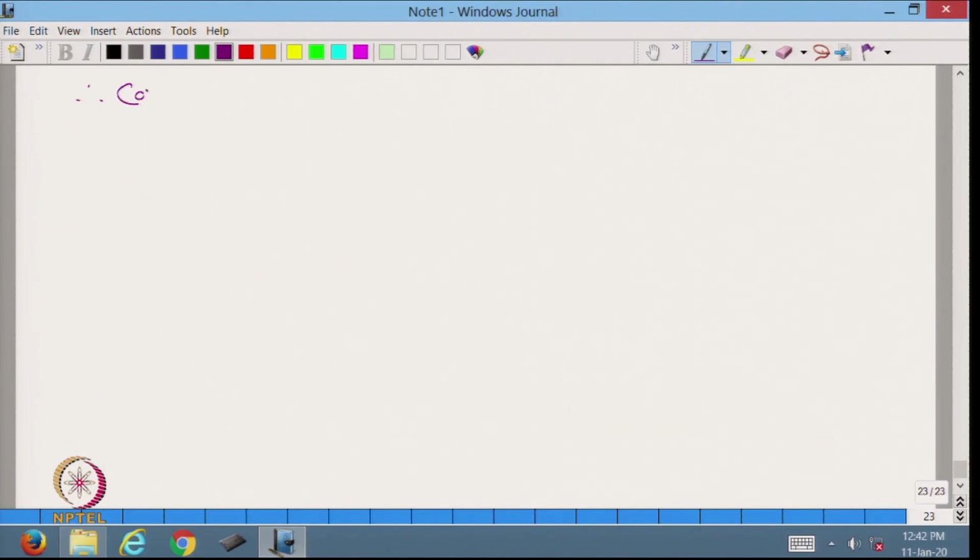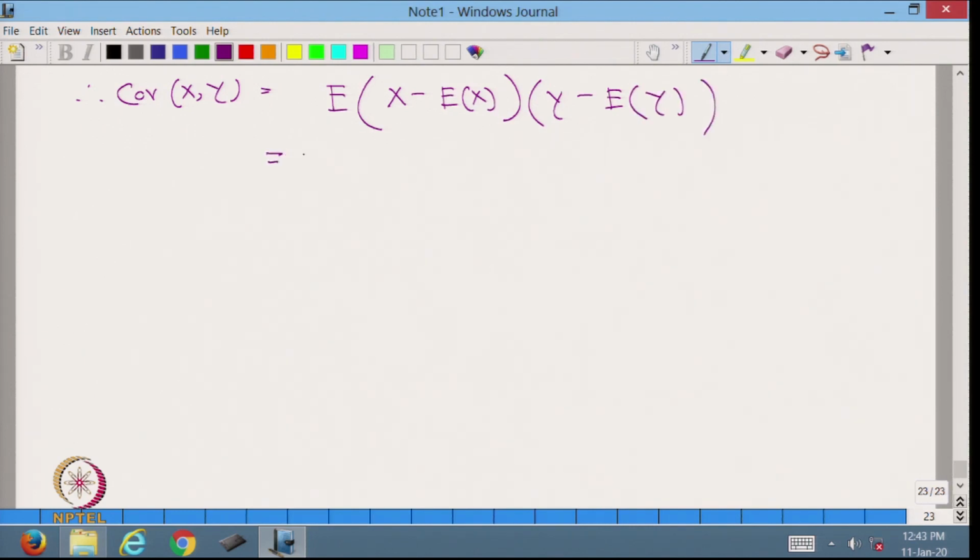Therefore, covariance between x comma y is equal to expected value of x minus expected value of x into y minus expected value of y, is equal to expected value of h into u minus expected value of u into k times v minus expected value of v, is equal to h k.